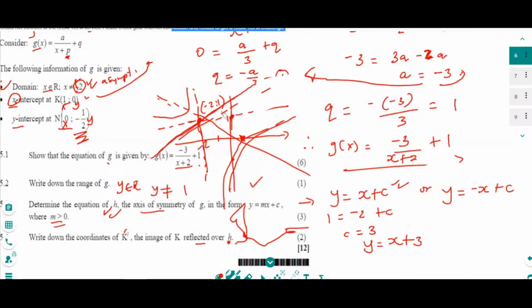When we reflect it, it must be seen in that other direction, somewhere here. If we apply our midpoint concept, I'm going to get -3 and then 4 as a reflection of this point. Okay, so that is question number 5.